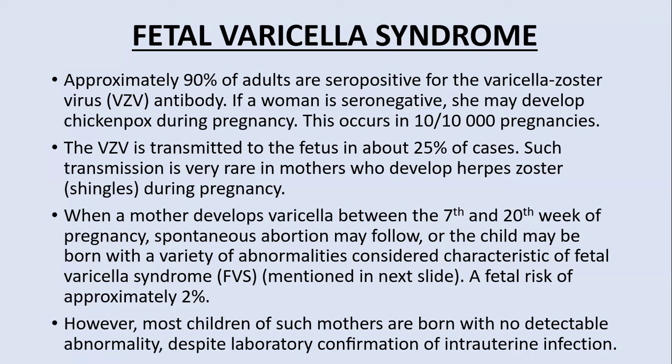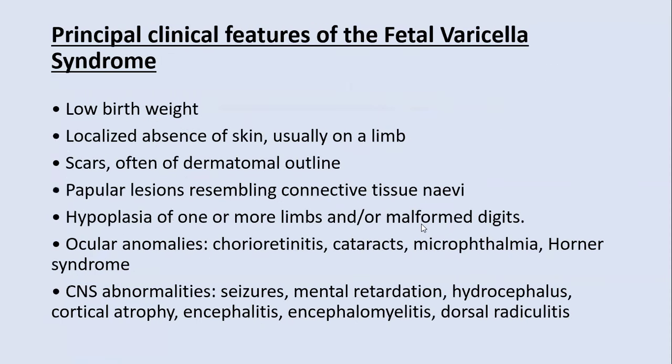However, most children of such mothers are born with no detectable abnormalities despite laboratory confirmation of intrauterine infection. So these are the principal features of fetal varicella syndrome, which occur in 2% of mothers who develop the infection from the 7th to 20th week of gestation.